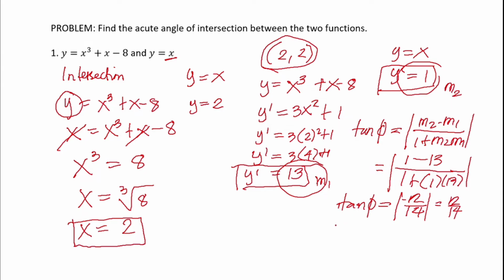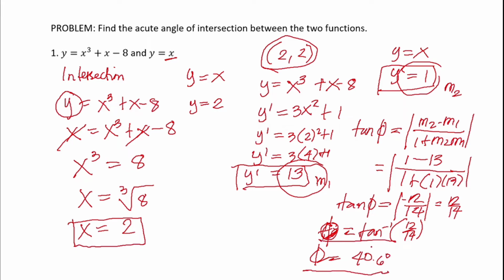So therefore, tangent phi is equal to the inverse tangent of 12 over 14. So inverse tangent, you can have this one as 40.6 degrees. So we can have this answer or this one. So phi is equal to inverse tangent of 12 over 14.